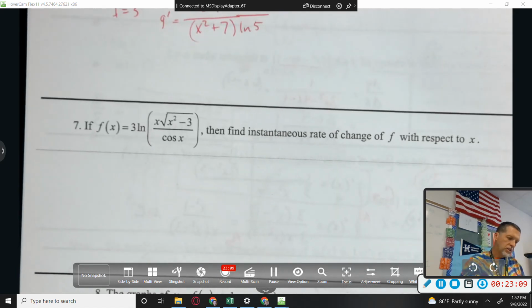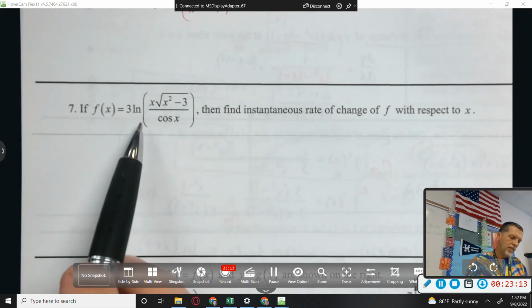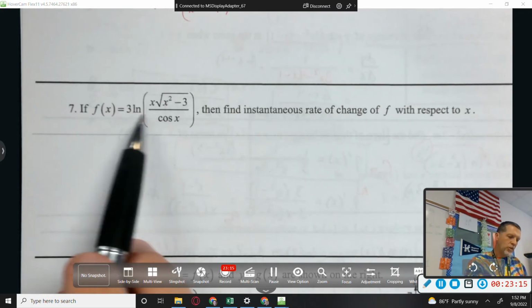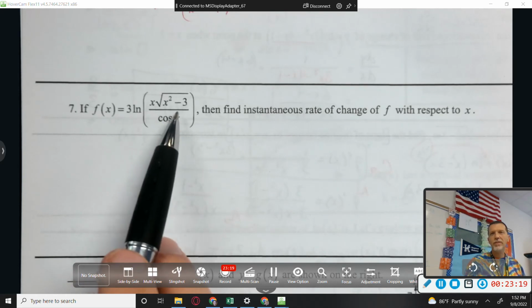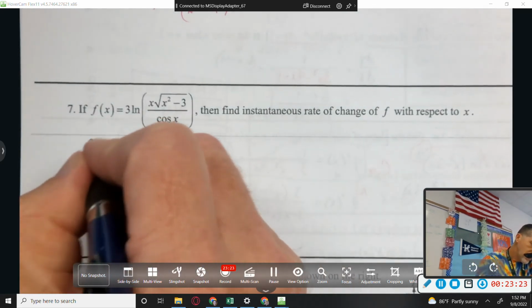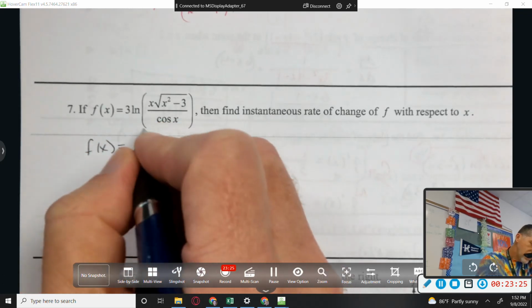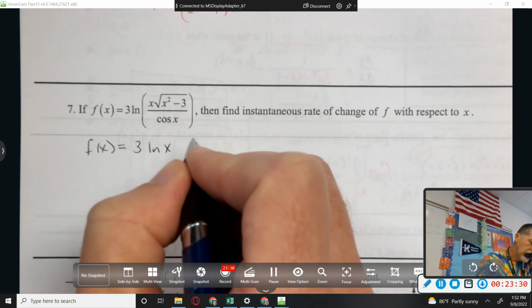Number 7 looks terrible because, yeah, I can do 1 over all of that, but then that's some awful combination of quotient and product rule. Could you multiply by cosine first? No. What I can do is split all this stuff up.